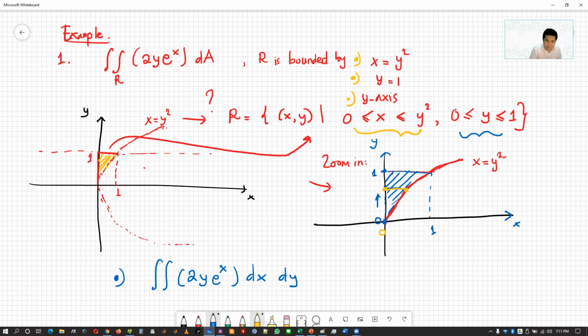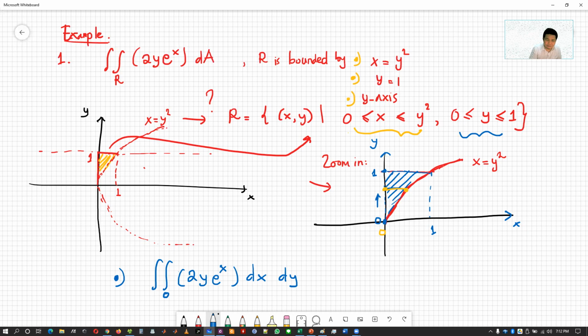So x is defined between 0 until this graph, x is y squared. So we put it in here. So x is from 0 until, remember the first type, if y is constant, then x depends on the function in y.